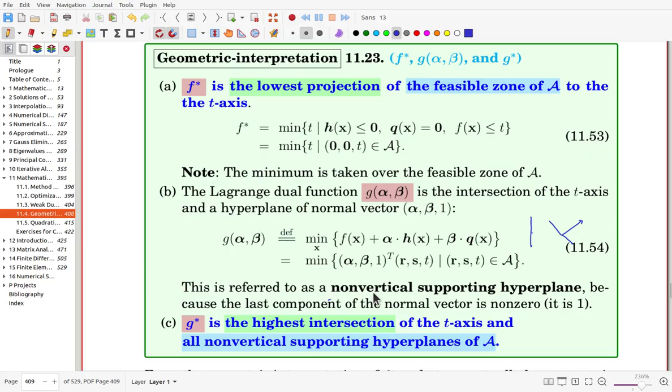And among these hyperplanes, we take the maximum possible value, because G star is obtained out of the maximization of this dual function, so G star is the highest intersection. We'll see.